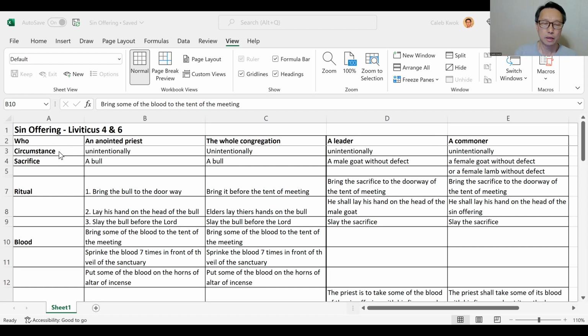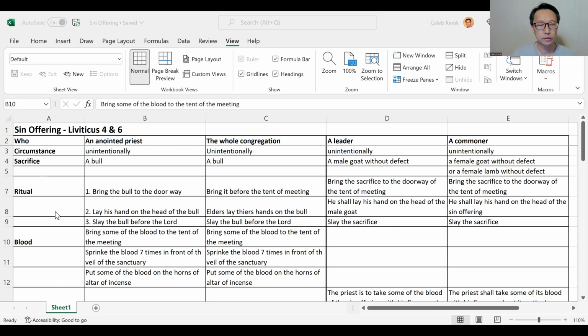Well, circumstance, in regard to sin offering, there are all unintentional offenses, the wrongs that they committed without knowing it, but later on they find out. So these are all unintentional offenses. Okay, and then going down, next one is sacrifice. And then the next one, ritual. What I mean by ritual is, what are they supposed to do when they make the sin offering? There are certain things they need to do.